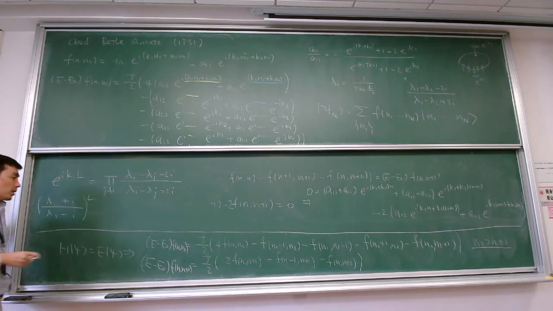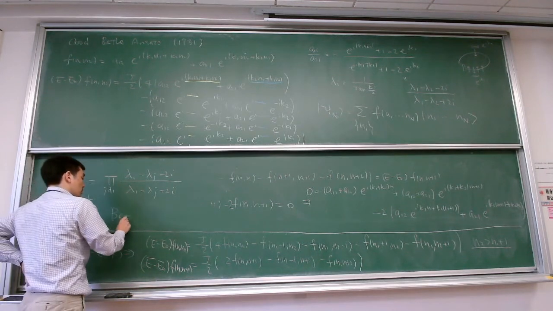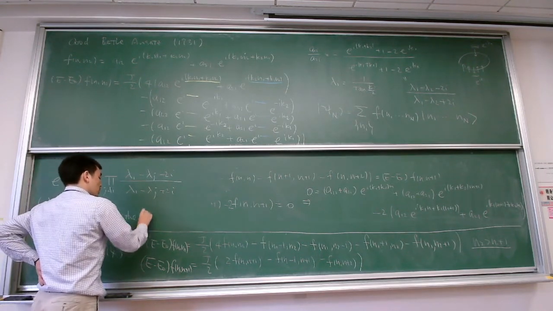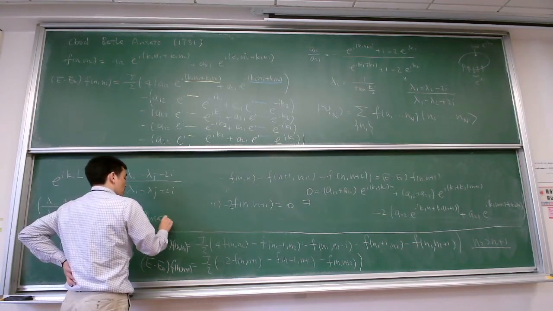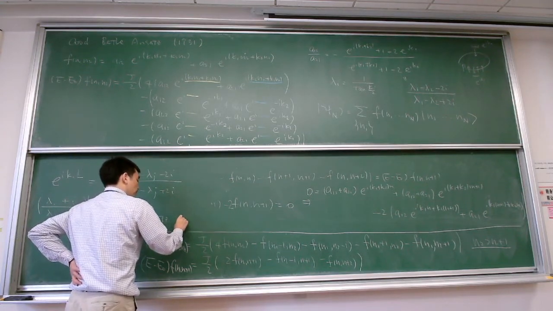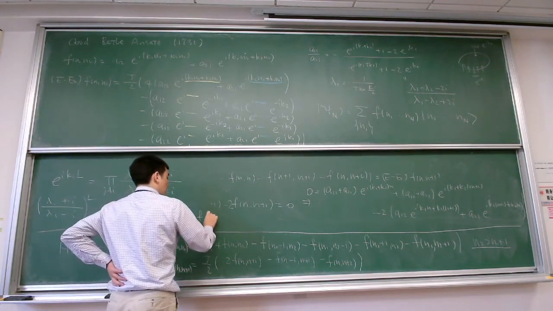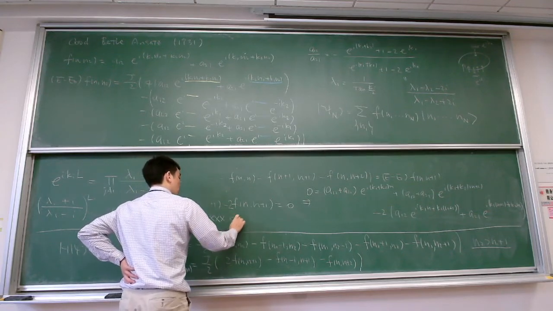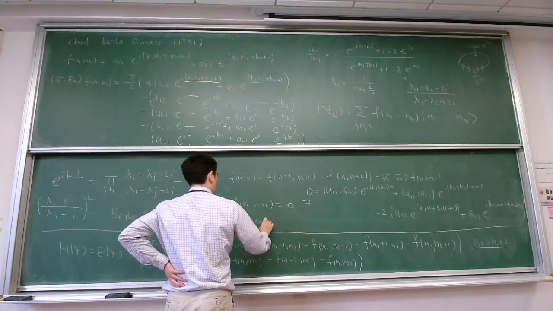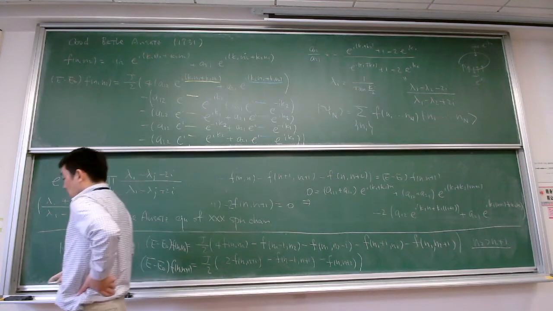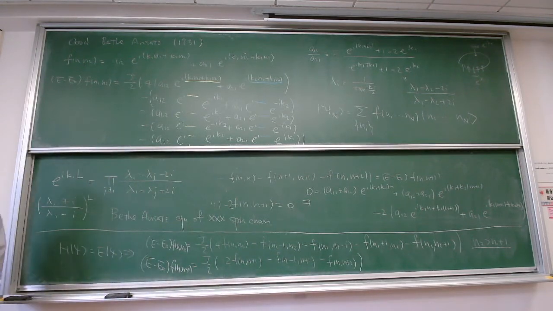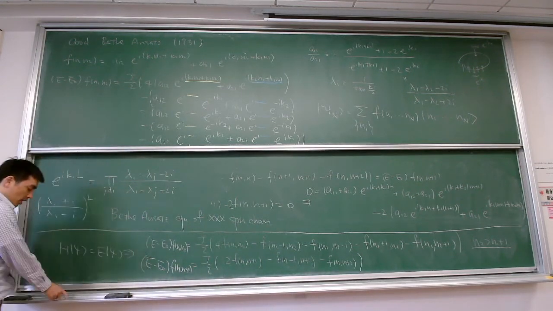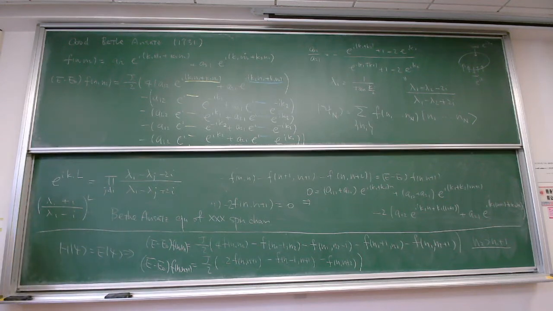And this is called the Bethe ansatz equation of XXX. So this is the coherent state for n magnons.